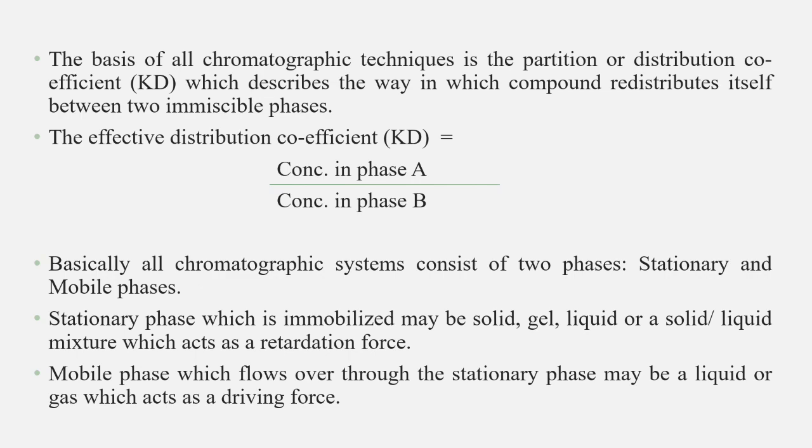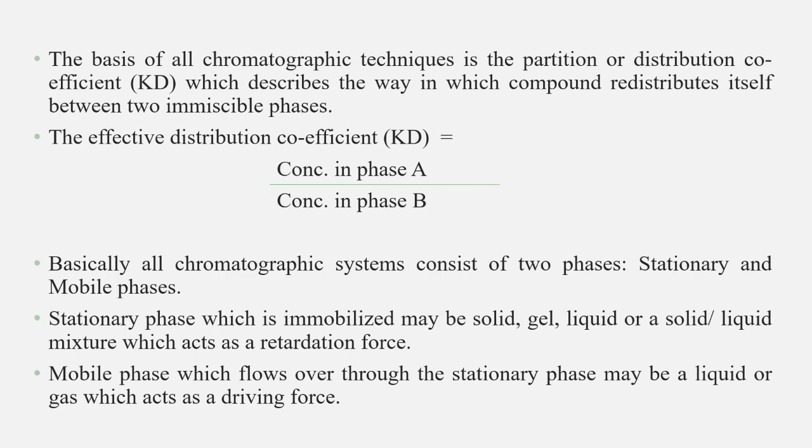The effective distribution coefficient is the concentration in phase 1 over the concentration in phase 2. One is solvent, one is solute. The component of interest that we want to separate is distributed between two phases.